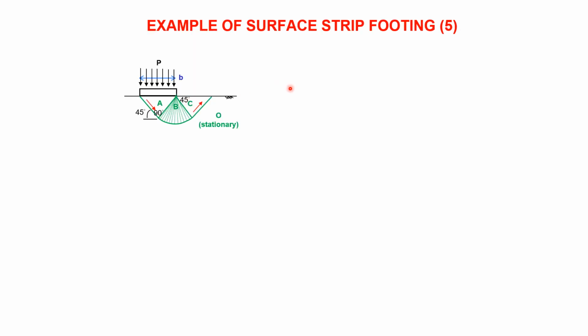So here we are with our mechanism. 2 rigid blocks, 1 fan zone B. Rigid blocks are 90-degree angles and 45 to the horizontal. And that's the fan zone running continuously from one rigid block to the next. The displacement diagram. Well, P, the foundation stress, is moving vertically downwards as always.